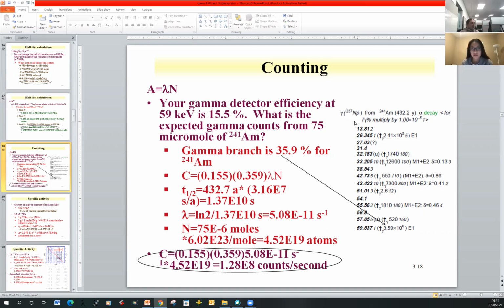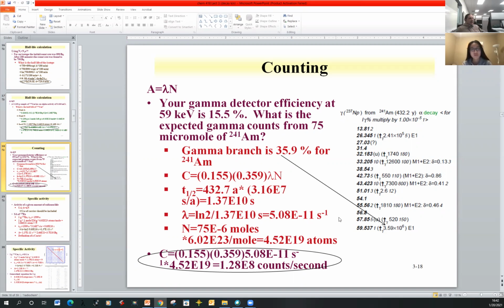So if I have a sample of americium-241, I can put it on a gamma detector, and based upon sample geometry, the detector efficiency, and all this, I should be able to calculate how many counts I'll see. Let's go through some of the data here.